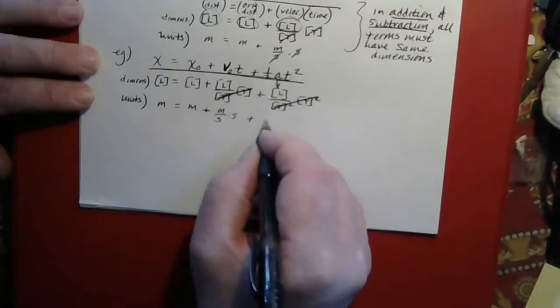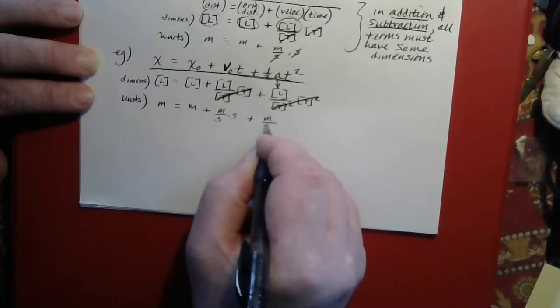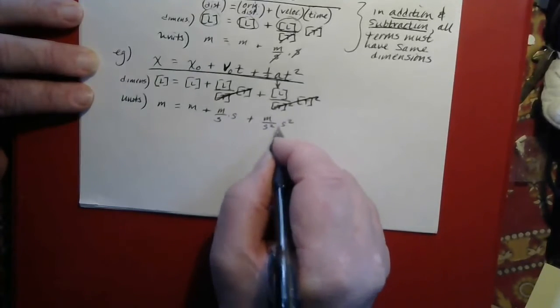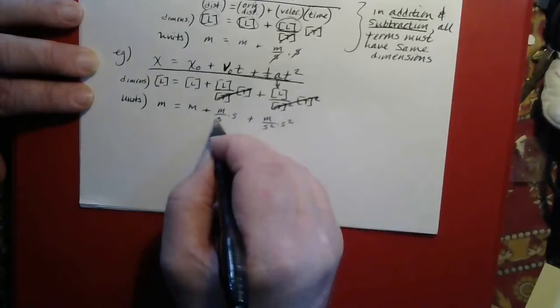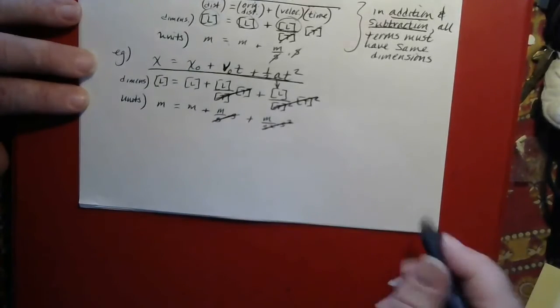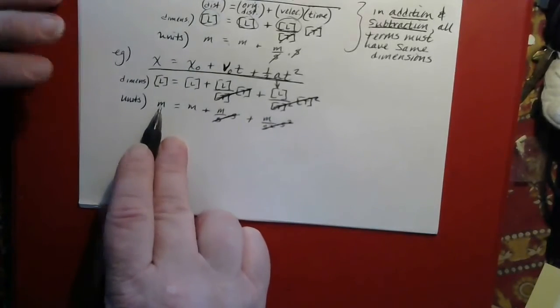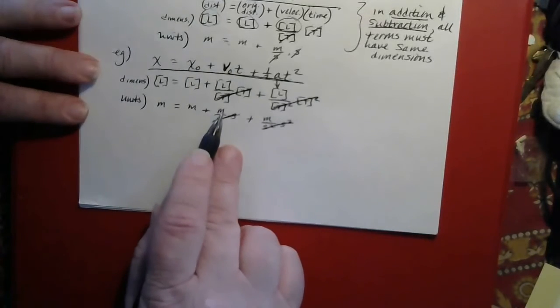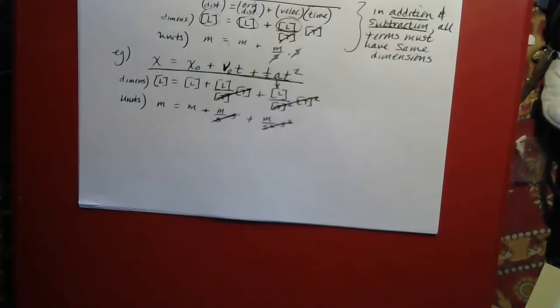But for acceleration, the units would be meters per second squared, and then time squared would be seconds squared. So again, seconds cancel with seconds, seconds squared cancel with seconds squared, and you have some number in meters equal to a number in meters plus another number in meters plus another number in meters. So that works out too.